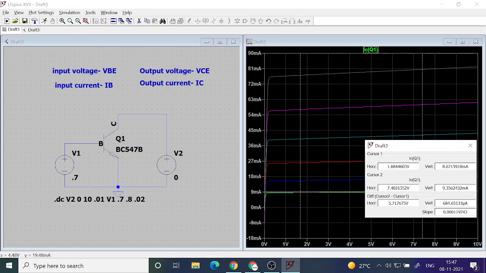So delta V by delta I, if you do, you get 8.3 kilo ohms as the average output resistance. Is that clear?